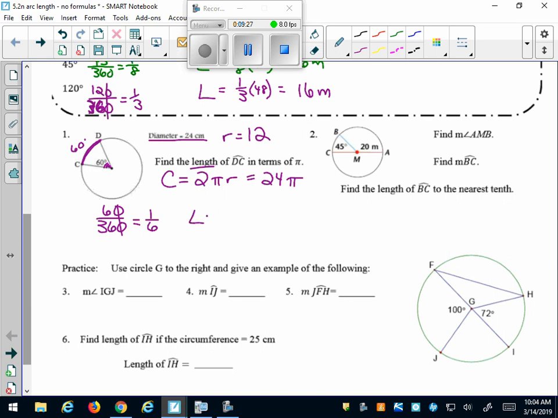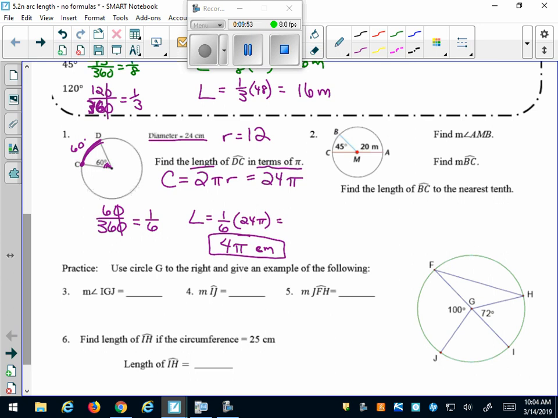So the length of the arc is 1/6 of the circumference, 24 pi, which is 4 pi. And it says to leave your answer in terms of pi. That means leave pi in your answer. And this is centimeters, because it's the length from C to D. Any questions on that one?